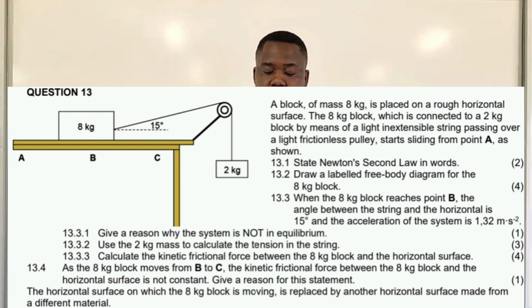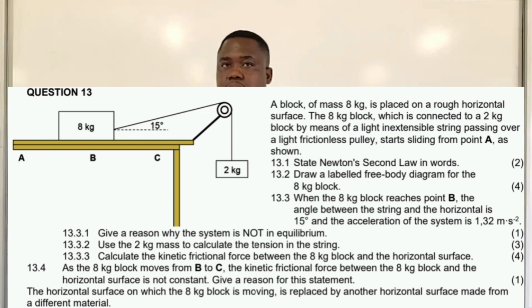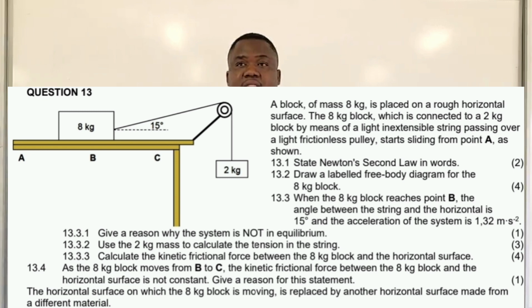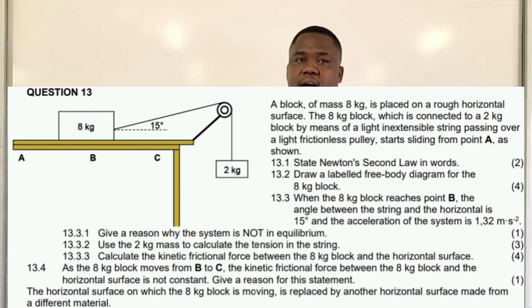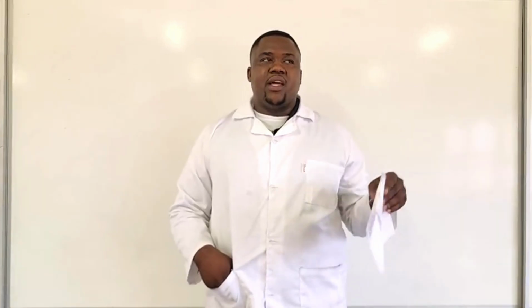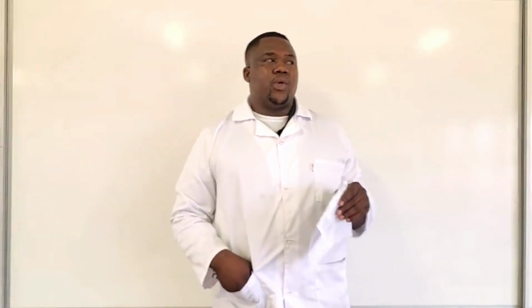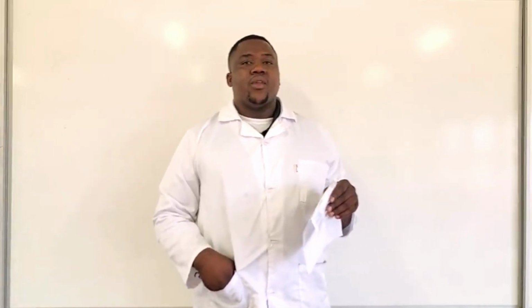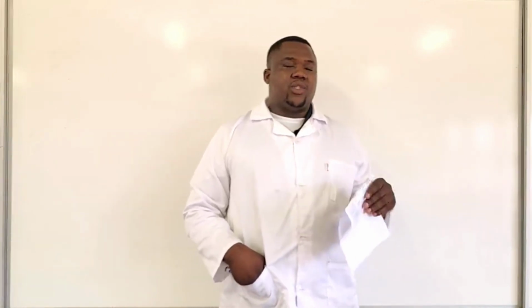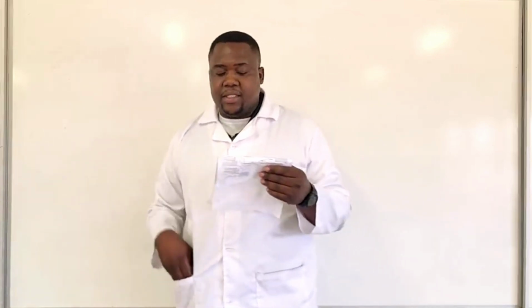State Newton's second law in words. You can read it for yourself, but it states that when a net force or a resultant force acts on an object, it will cause the object to accelerate in the direction of the resultant force, with an acceleration that is directly proportional to the force and inversely proportional to the mass of the object.